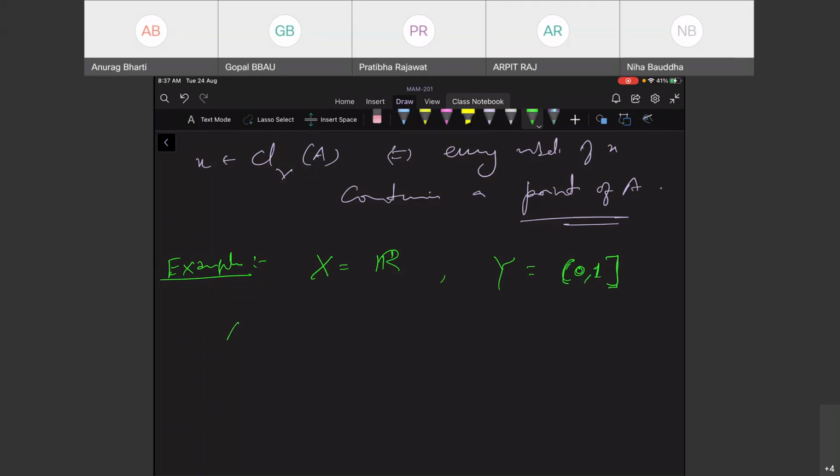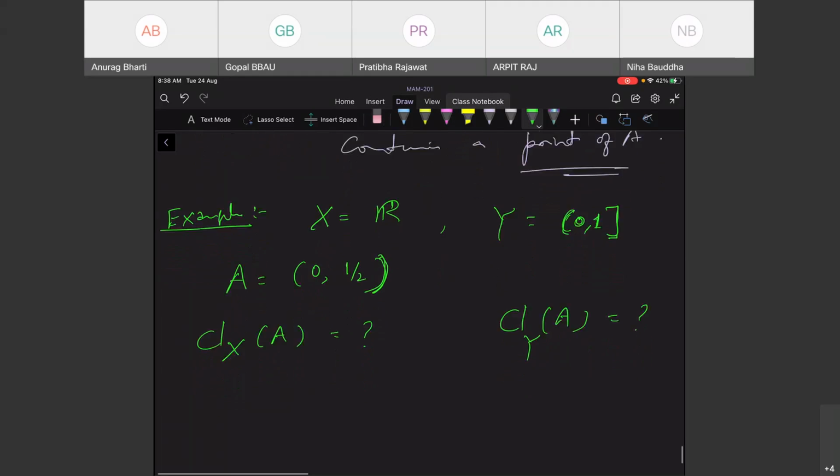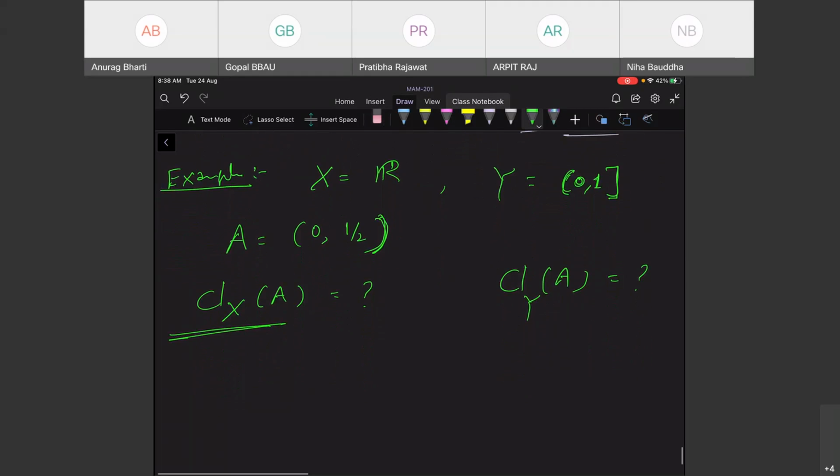Now take A equal to (0, half]. What is the closure of A in X, and what is the closure of A in Y? First, what is the closure of A in X?